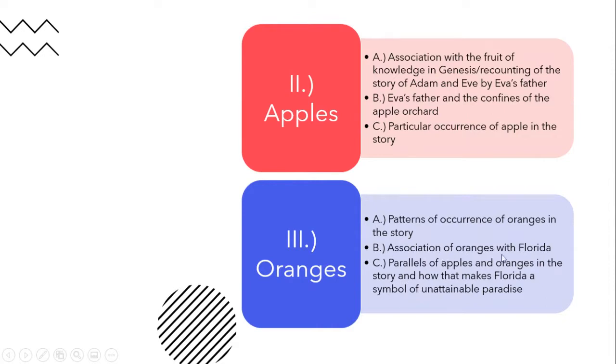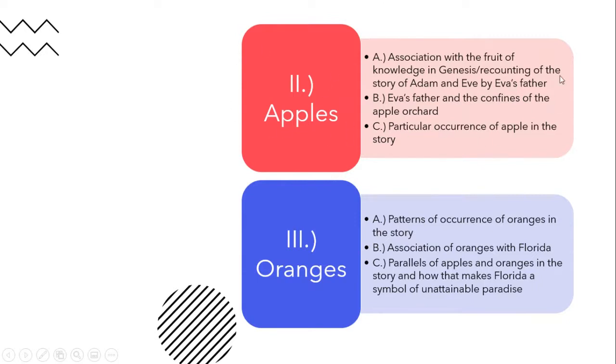But you'd want to have this substantial paragraph in which you make your final connections of the apples and the oranges motifs in the story, and then how that makes a larger connection, a larger parallel of Florida to Eden, and a kind of idea of an unattainable paradise or whatever, right? So you have this point of divide.